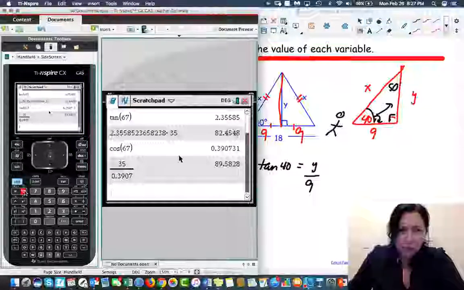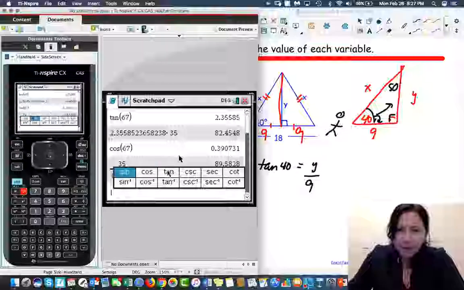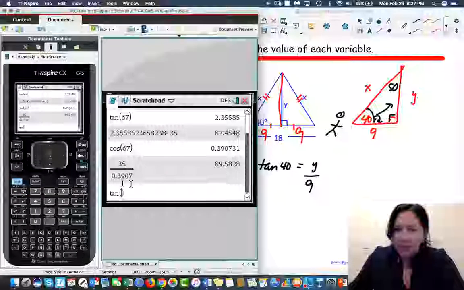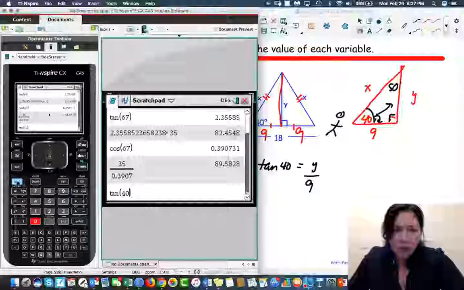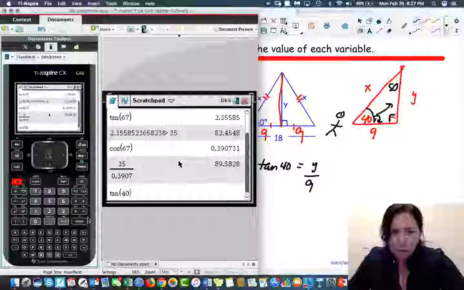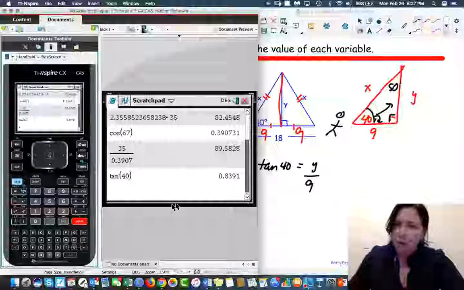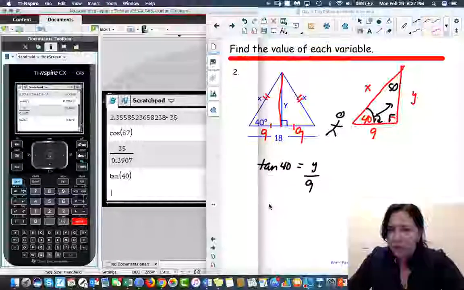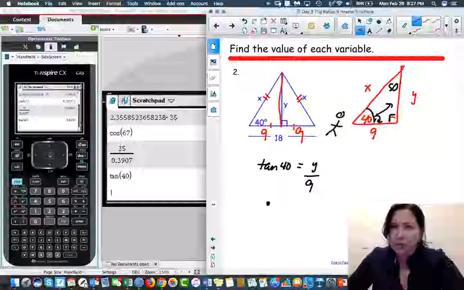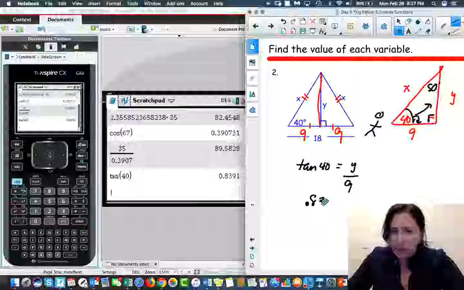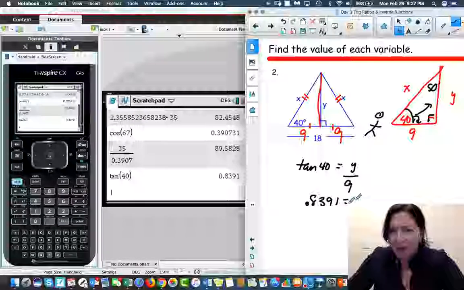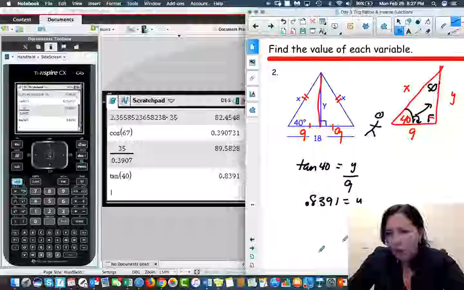I'm going to go to trig functions, hit tangent, and then type in 40. And remember, I need to hit control equals to get an approximation. And that value is 0.8391. And that equals y over 9.